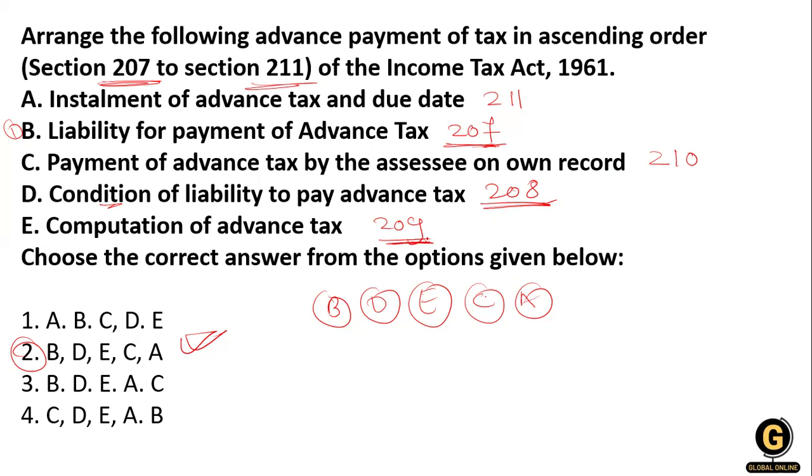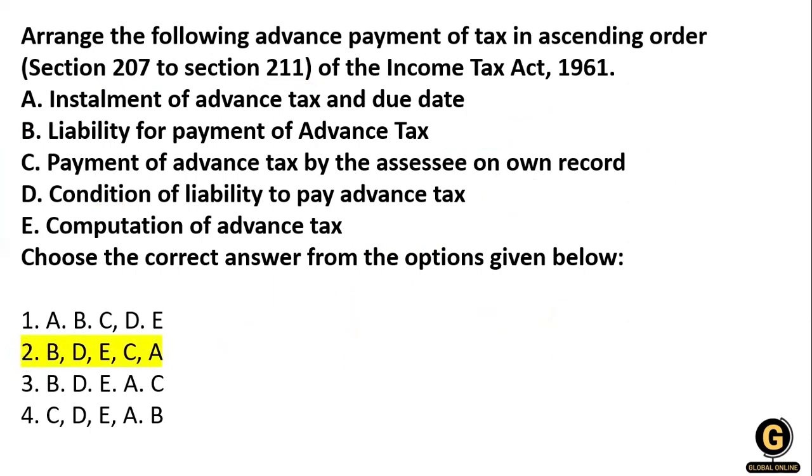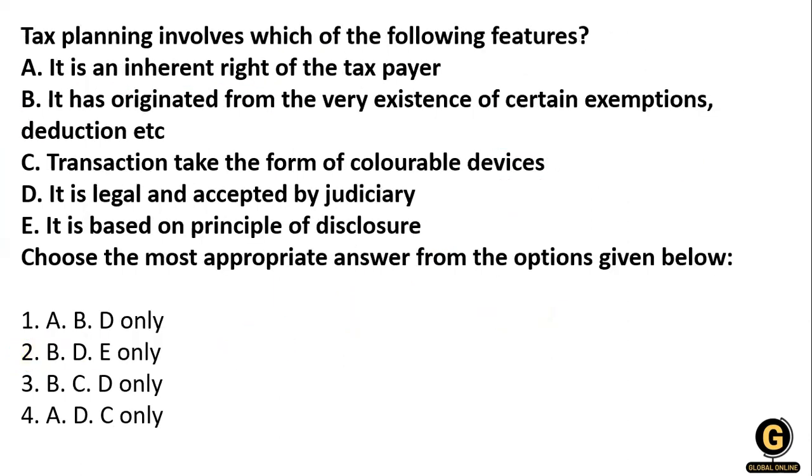After that, payment of the advance tax by the assessee on record, they are not actually paying, they are recording that they are doing a payment, which is given in section 210. The installment of the advance tax and the due date, how we pay the advance tax and on which due date, is given in section 211. So option number 2 is the right answer for this question.